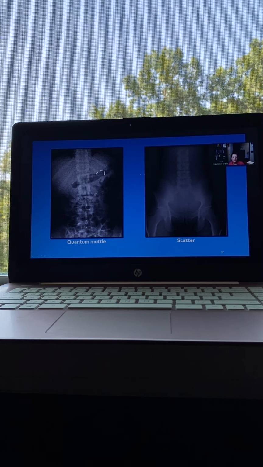Both of these images have a certain amount of noise, unwanted, extraneous information. This one is a result of quantum mottle. That's a noisy image. This one, see how it's gray? It's got a pretty gray appearance there.